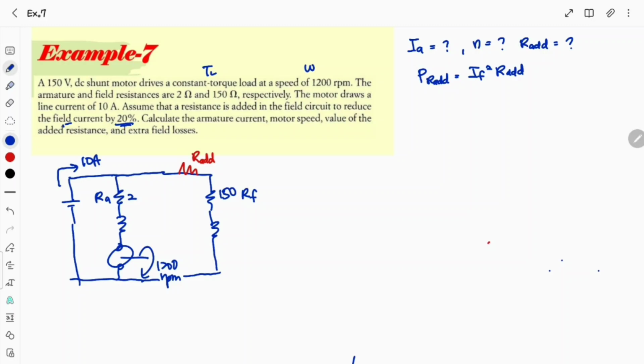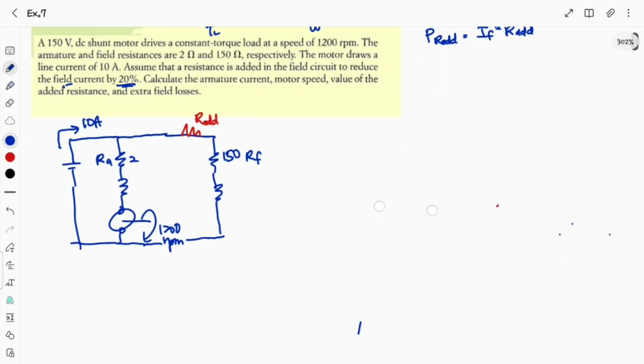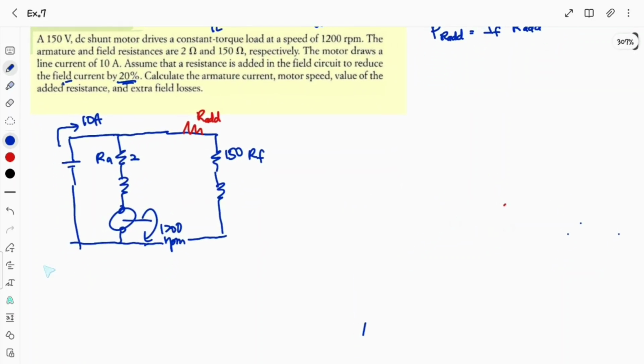So now, where should we start? We start from before we insert the RX. Check from here. Before inserting it, we have IA1 equals IM minus IF.